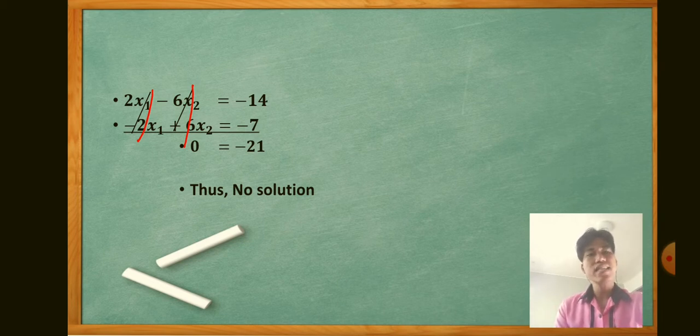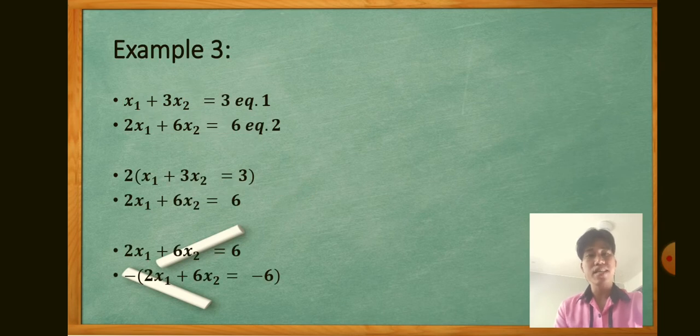So another example, example number 3. Equation 1 is x1 plus 3x2 is equals to 3, and then equation 2 is 2x1 plus 6x2 is equals to 6.